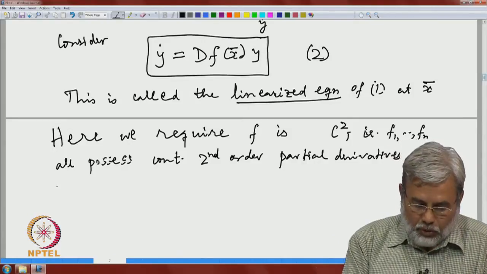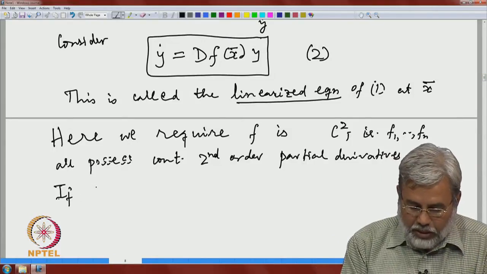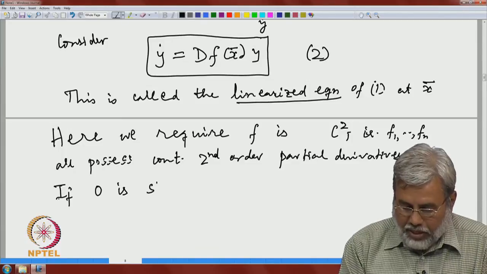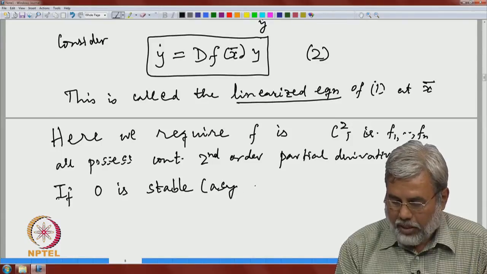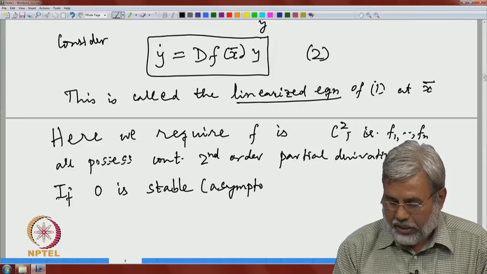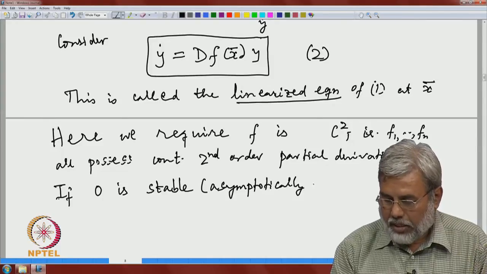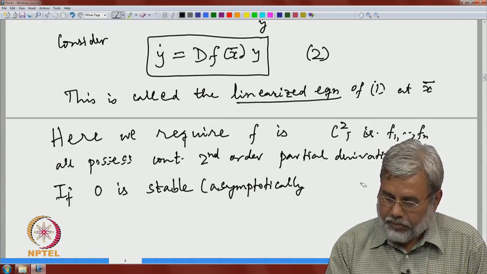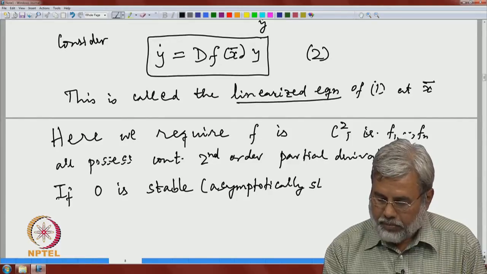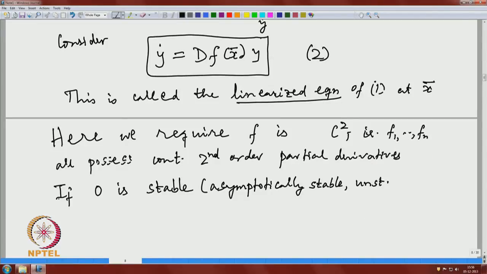So, if 0 is stable, asymptotically stable, this is the definition, stable, unstable for 2. Now, you consider the linear system 2 and decide.